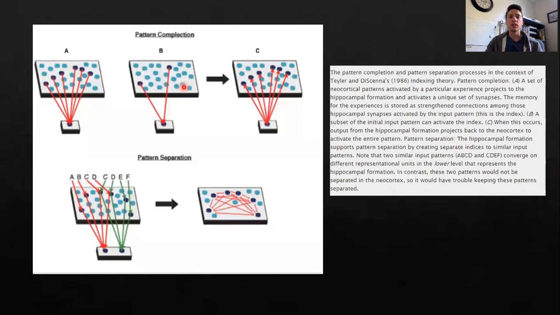So let's just illustrate this a little bit here. What's going on in this figure? Let this slice represent cells in the neocortex, and this represents a cell in the hippocampus. There are multiple neurons here that represent, say, a past experience. And the activation of one of these neurons activates another neuron that is stored in the hippocampus.